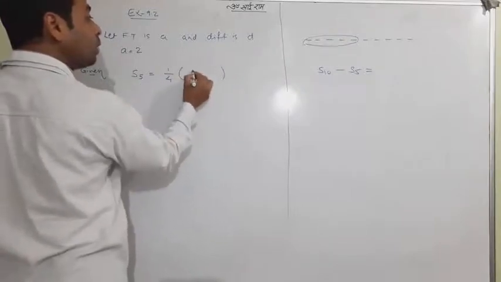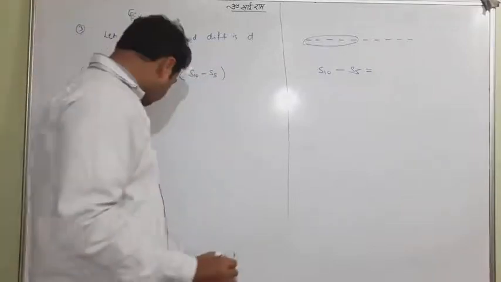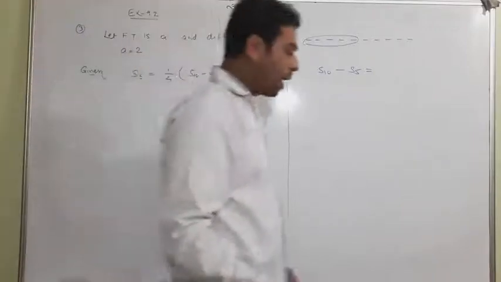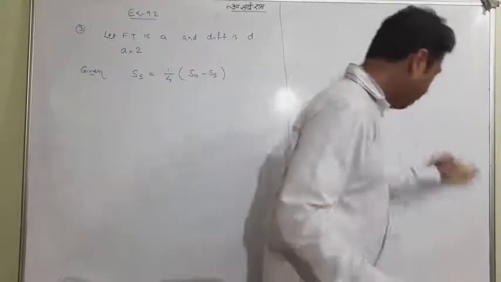So instead of that, what will you write? S10 minus S5. It is very simple thinking, and one can think it easily.